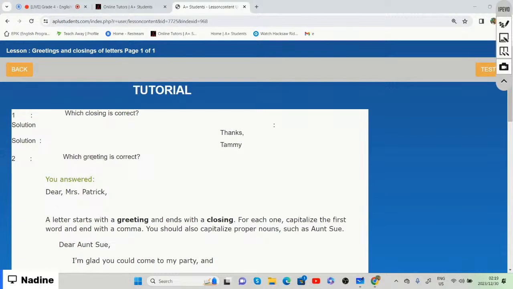But now if we look at the correct greeting, like the greeting when you start, which greeting do you think is correct?